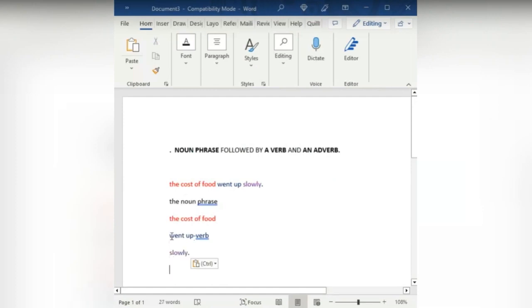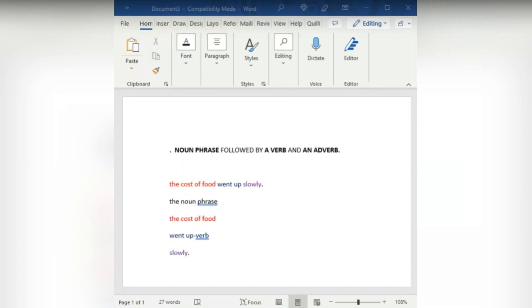If you look at the sentence structure that we have drawn here, you can learn to use them, because you're going to do several different grammatical structures, but this is the first one that we are drawing. Noun phrase followed by a verb and an adverb.